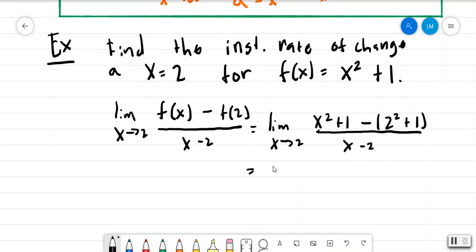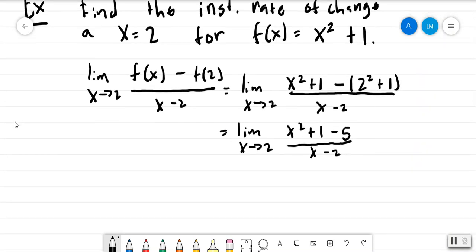So this equals the limit as x approaches 2 of (x squared plus 1 minus 5) divided by x minus 2. Now, notice that this reduces to x squared minus 4, so we have the limit as x approaches 2 of (x squared minus 4) divided by x minus 2.